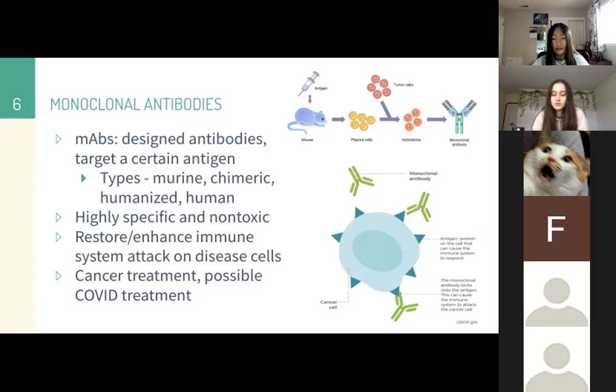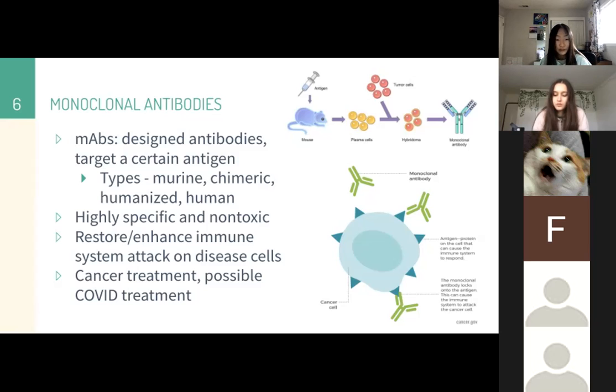Monoclonal antibodies are really important and useful because they're highly specific and non toxic. An antibody will only attack a certain antigen, which is why they're super specific, and they're non toxic because antibodies are basically found in your body, unlike small molecules, which are synthesized from types of chemicals that might not be found in your body.